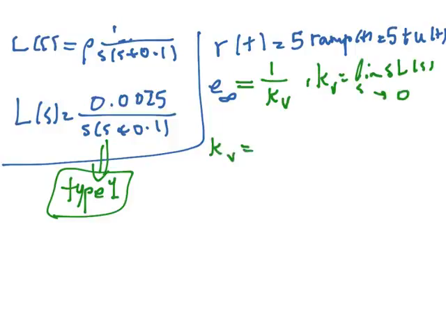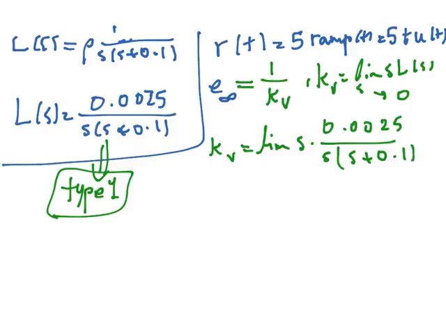We can calculate the value of kv. So kv is equal to limit of s times 0.0025 divided by s multiplied by s plus 0.1, and from here kv will be obtained as this will cancel out, s going to 0, we will have kv equal to 0.025.